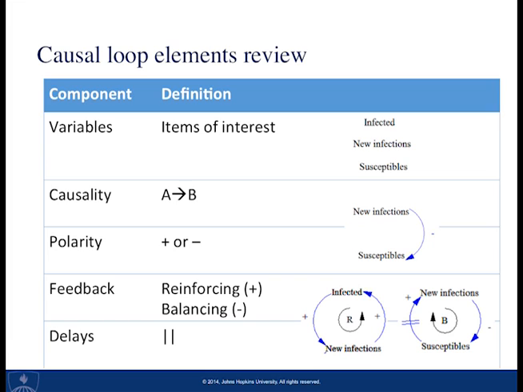One is the variables, the causality, polarity, feedback, and delays. And these are the 3 variables that we'll use. We'll be looking to see how they relate to one another, both in terms of direction and also causality. And then we'll be looking to see what types of loops are potentially formed with these ones and try to label them.